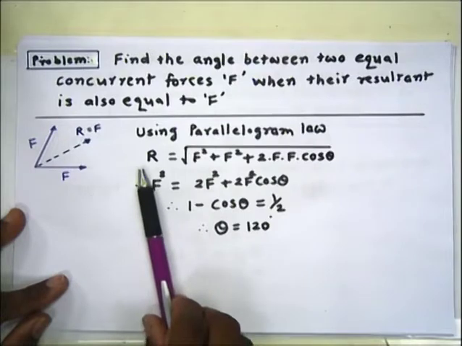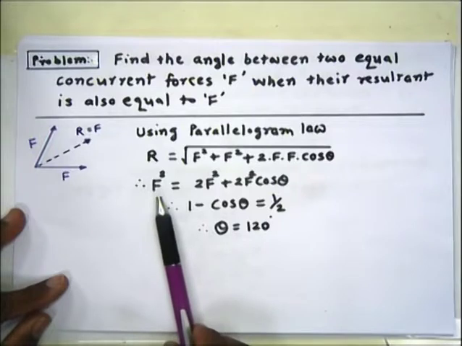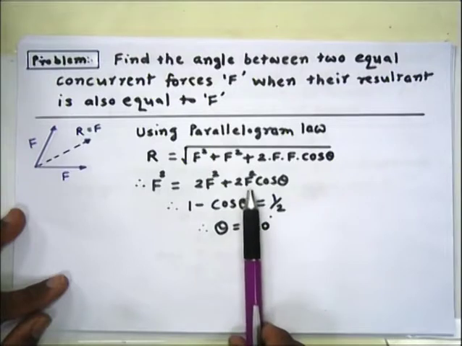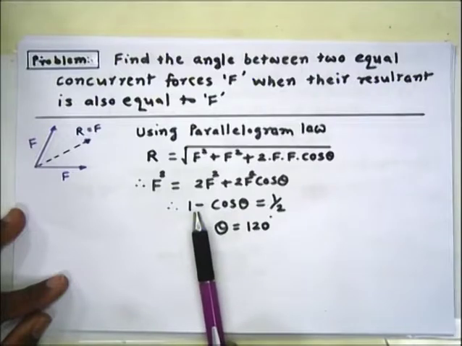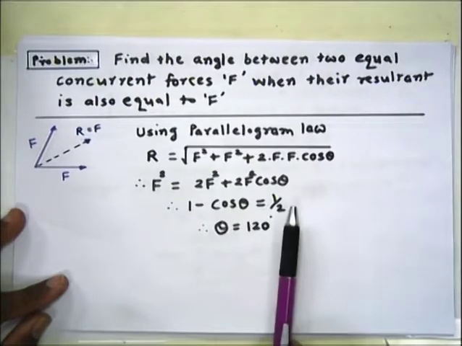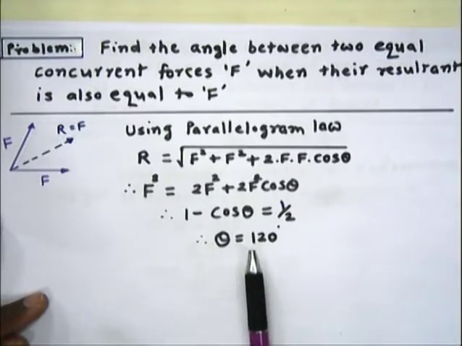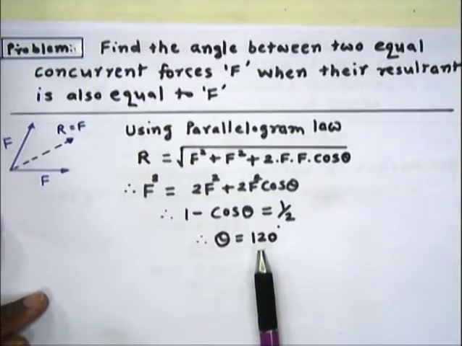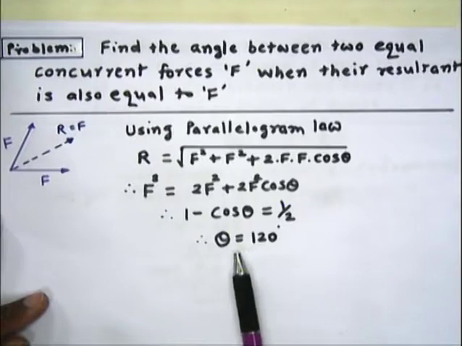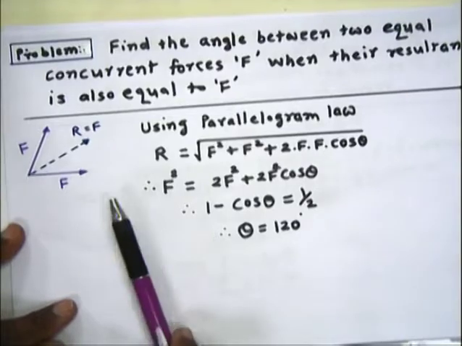But the resultant is also F, so in place of R also F. We will get F square is equal to 2F square plus 2F square cos theta, and simplifying we will get 1 minus cos theta is equal to 1/2, or we can say theta is equal to 120 degree. So this is how we can find the angle theta, which is the angle between two concurrent forces.